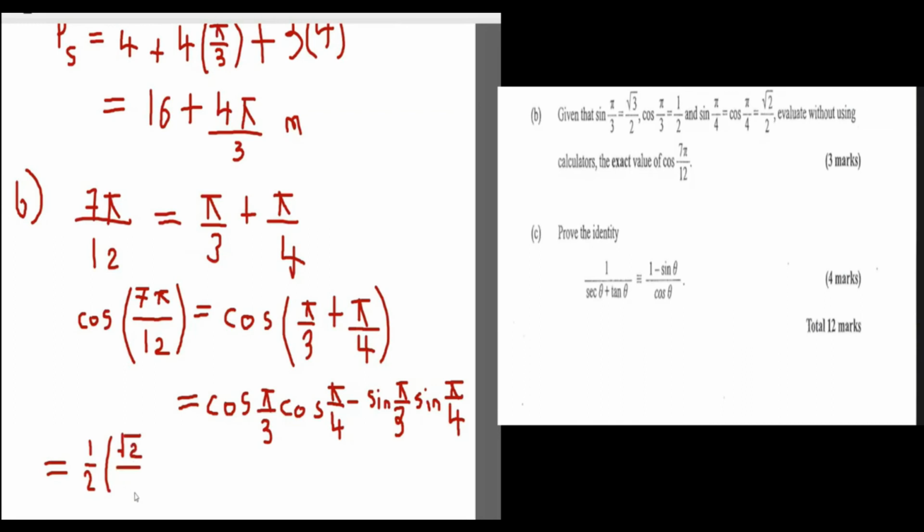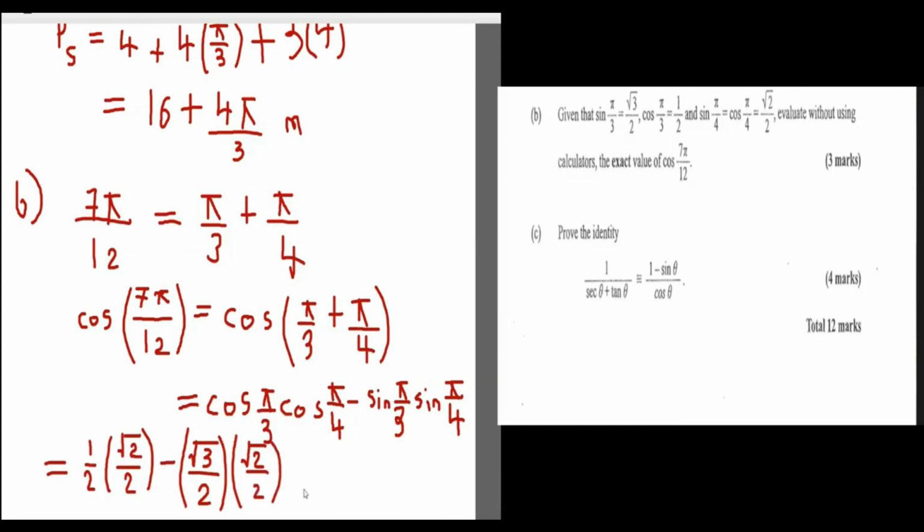So we have root 2 over 2 minus sine pi by 3, which is root 3 over 2, times sine pi by 4, which is also root 2 over 2.